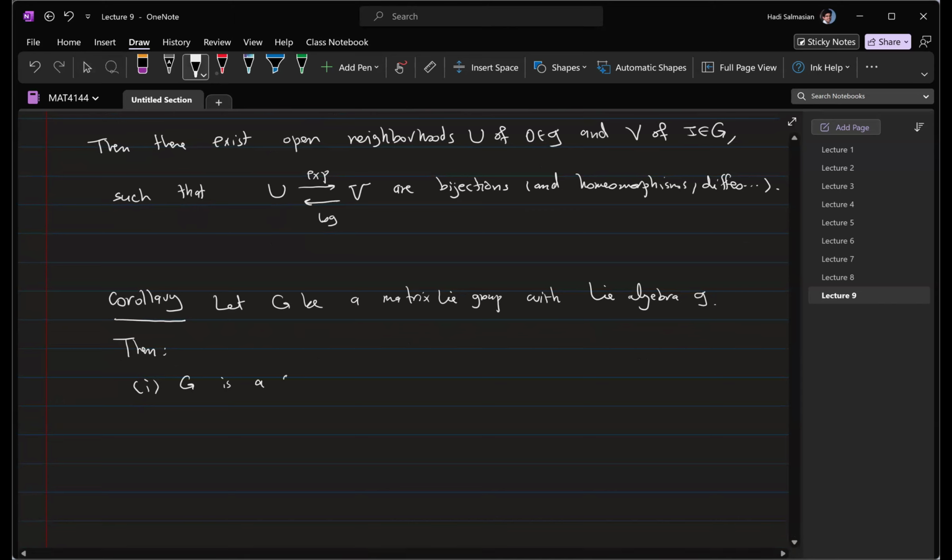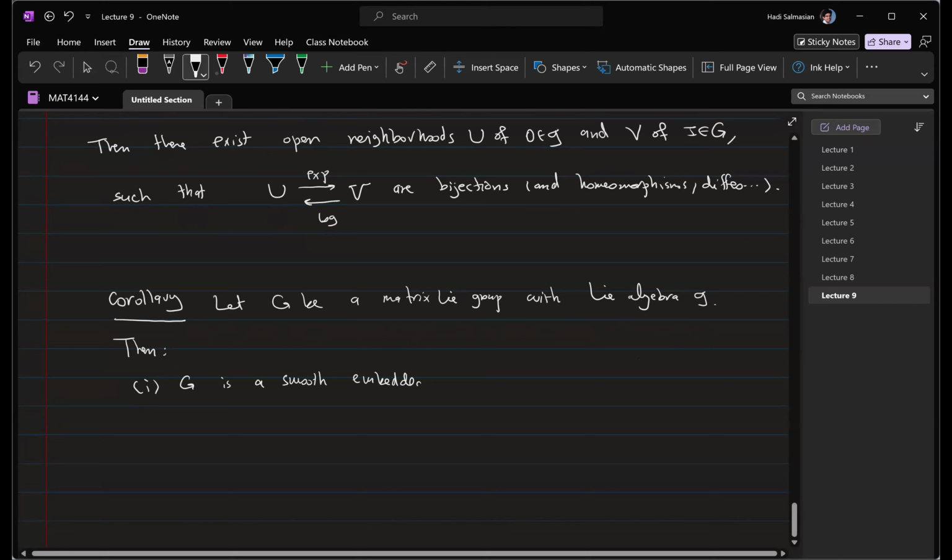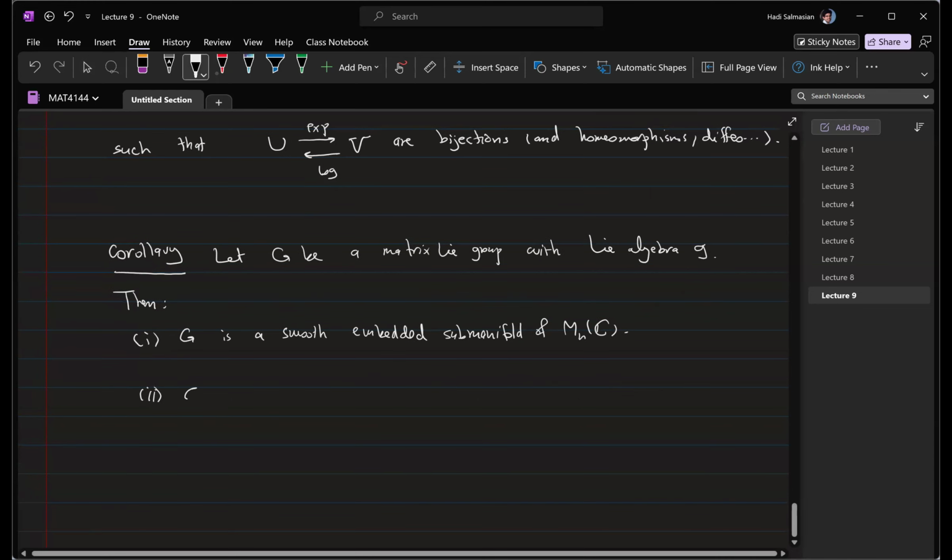So G is a smooth embedded submanifold of M n C. And the second is that G is also locally path connected.